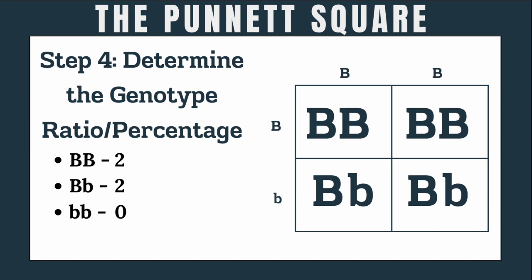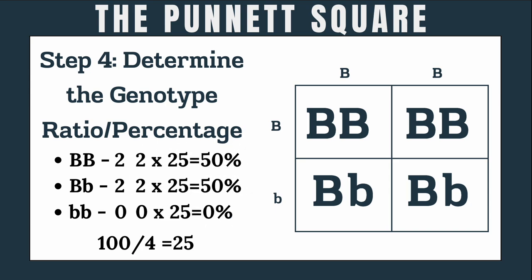In order to find your percentage, you're going to divide 100 by the number of squares. So 100 divided by 4 is 25. And then you're going to multiply it by this number.